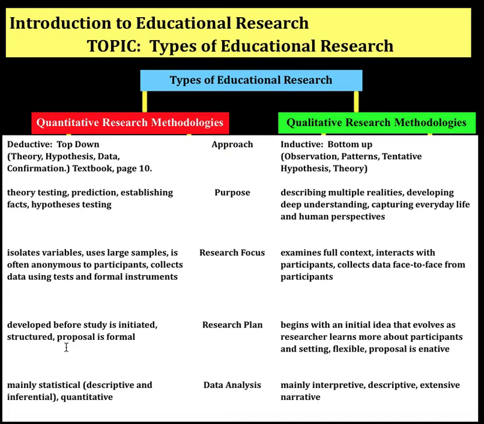There's a research plan in quantitative research methodologies that's developed before the study has even been initiated. In other words, the researchers have a plan already in place. This is our plan, we're going to do this. This is how we're going to collect our data. Once we collect our data, this is how we're going to analyze it. So there is a very clear and rigid plan.